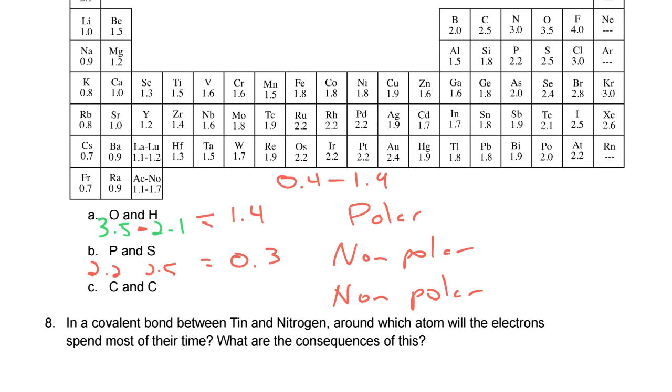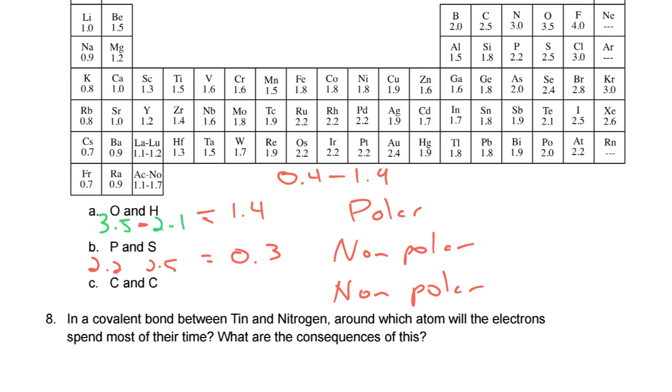All right, in a covalent bond between tin, right there, and nitrogen, right there, around which atom will the electrons spend most of their time? It'll be the atom with the higher electronegativity, so nitrogen. What are the consequences of this?